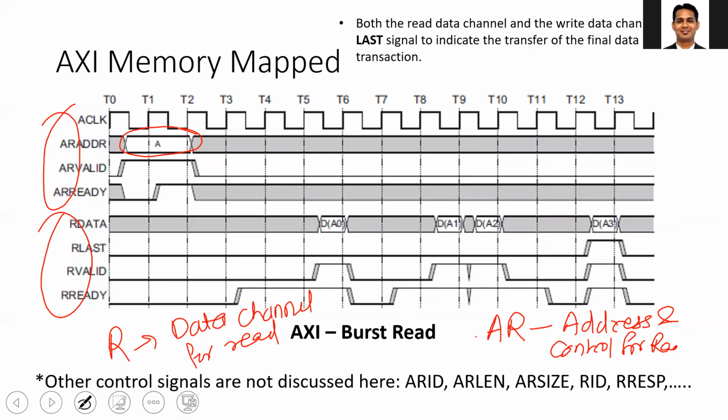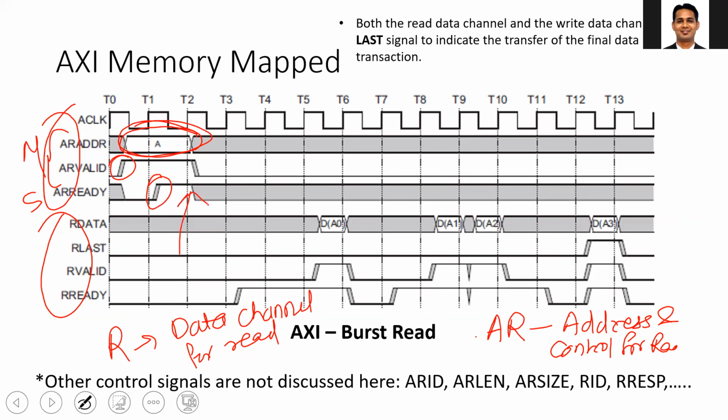Here the master, the information source, puts the information, then puts the valid signal. Who is the information source here for the address read and control information? It's the master. Then the source waits for the information destination, the slave, to make the ready equal to 1.